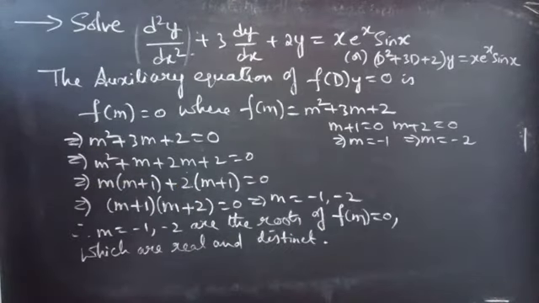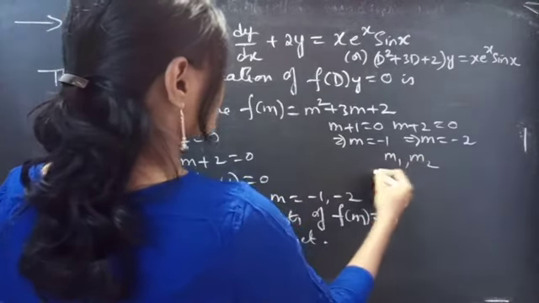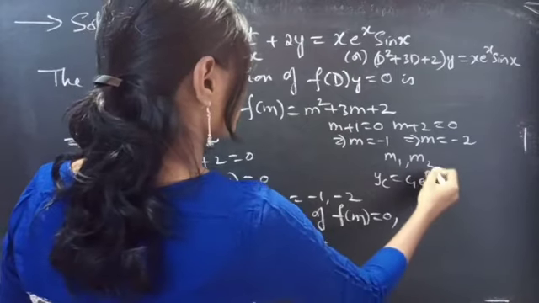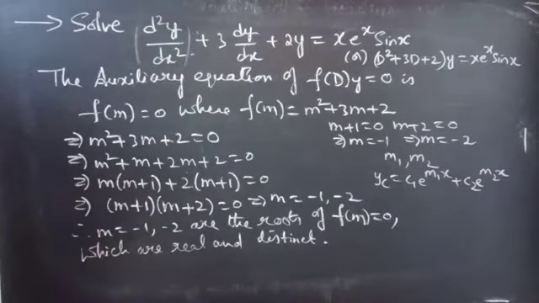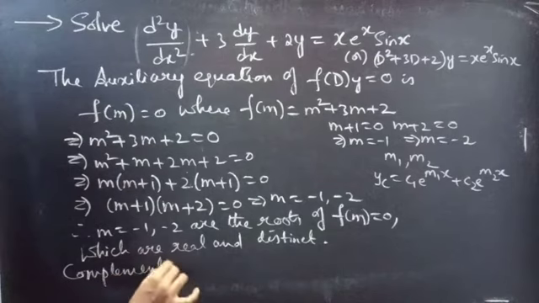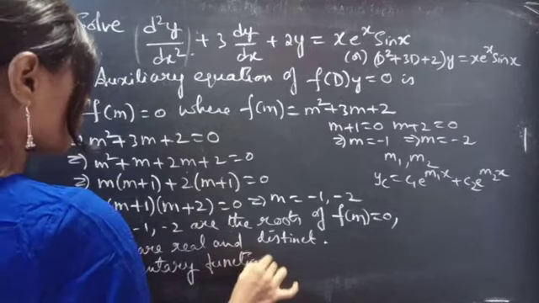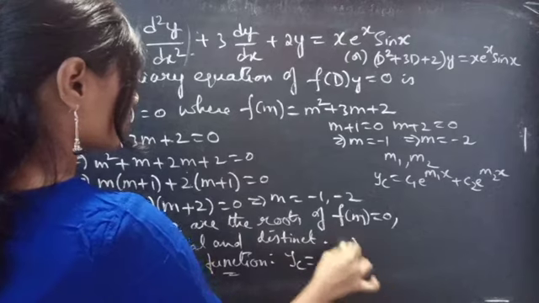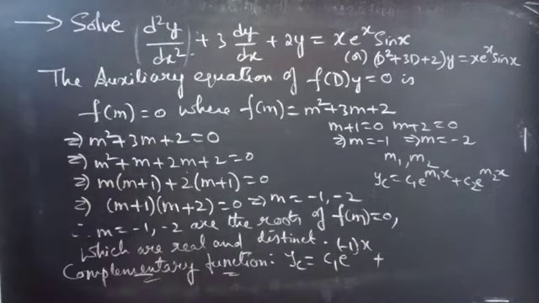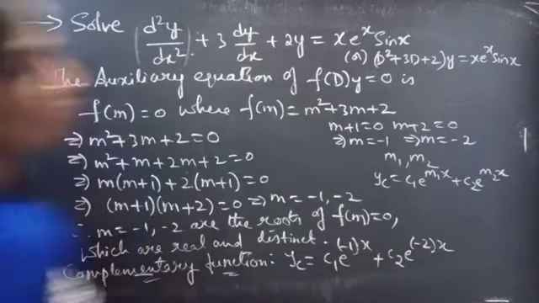Okay, let's write the complementary function. We know that when two roots, say m1 and m2, are real and distinct, then yc will be one constant into e power the first root into x plus another constant into e power the other root into x.